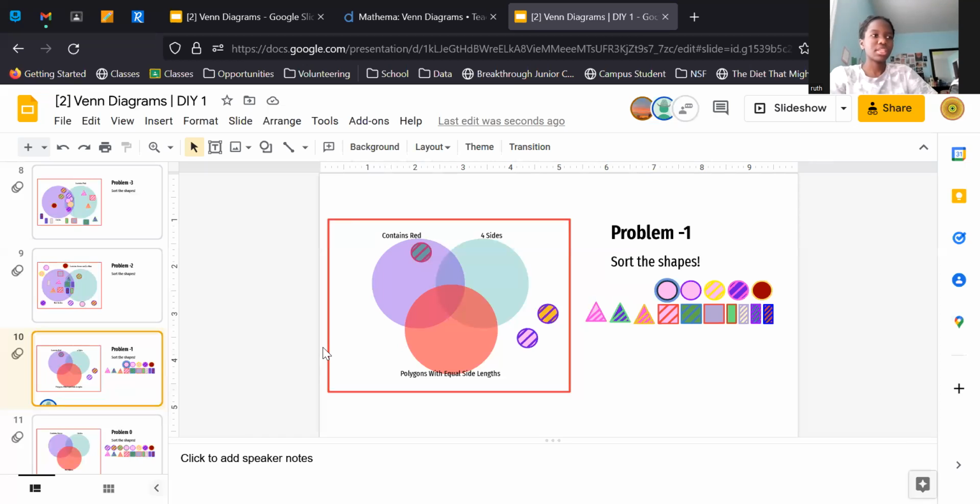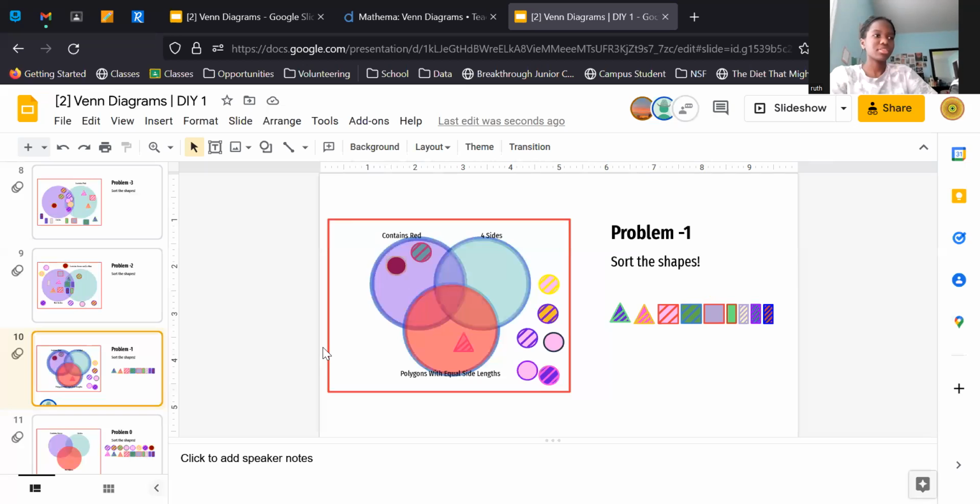This one, once again, doesn't contain red, and it's a circle, so this one too, and this one, and this one. And this one contains red, so it will go here. We're just going to assume that this is an equilateral triangle, so it would have equal sides, so it goes here.